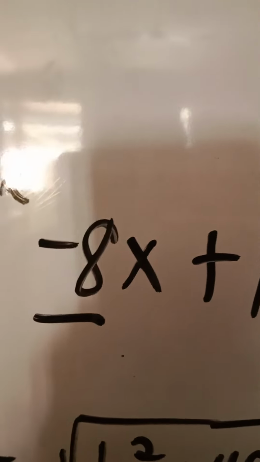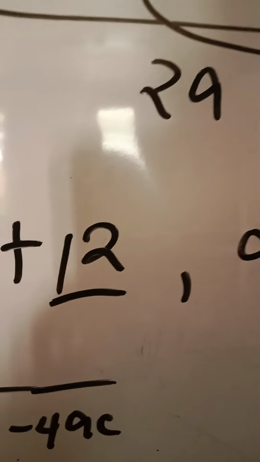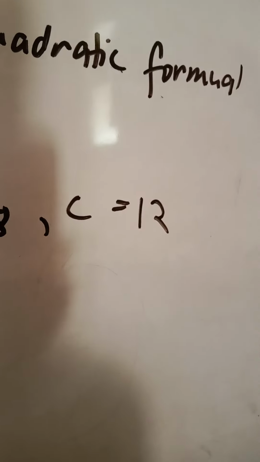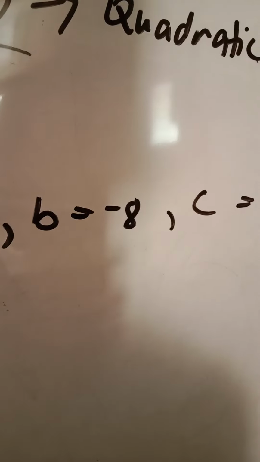Our b is negative 8, and the value of c is 12. So you have the values of a, b, and c. Next, substitute them into the discriminant of the quadratic formula.